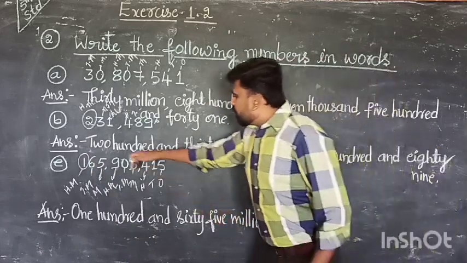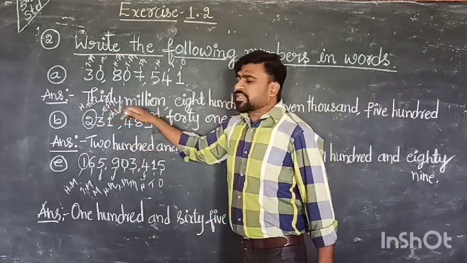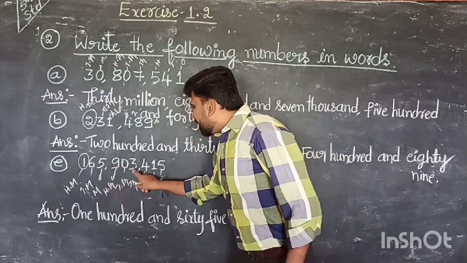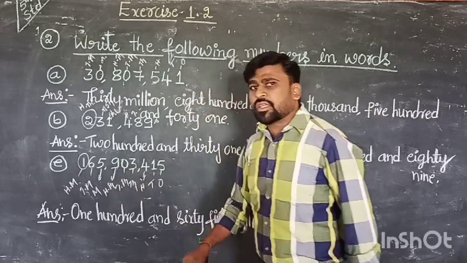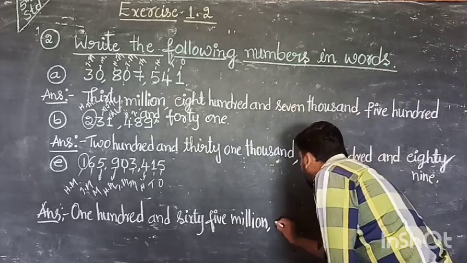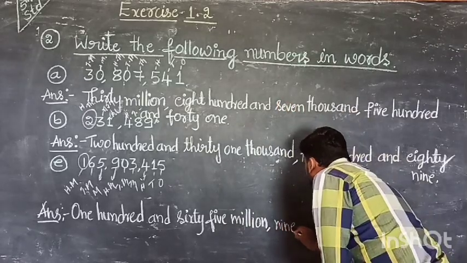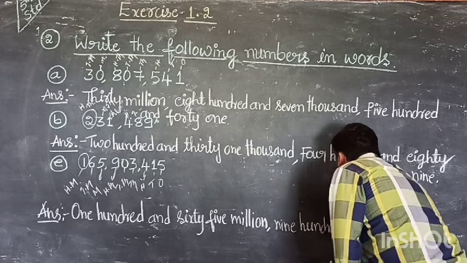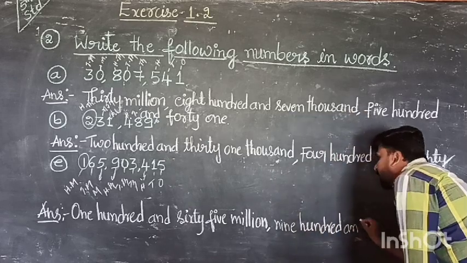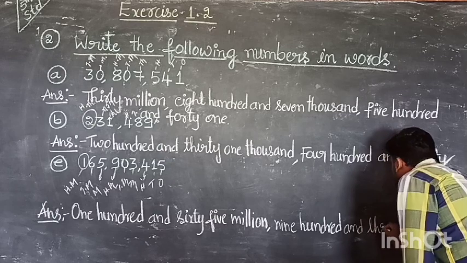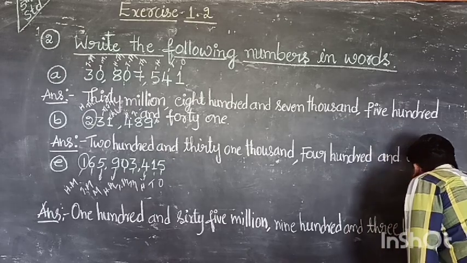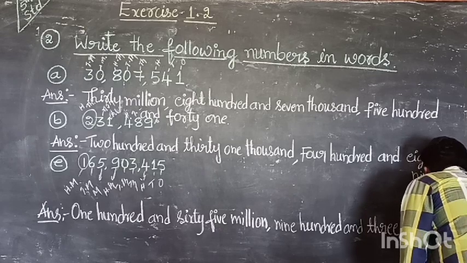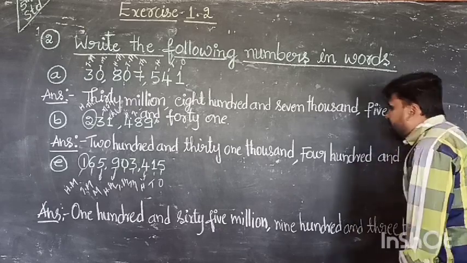Next, the second group is the same as in B. That is 900 and 3,000. 0, 3 is nothing but 3. Next 900 and 3,000. Second group is finished.